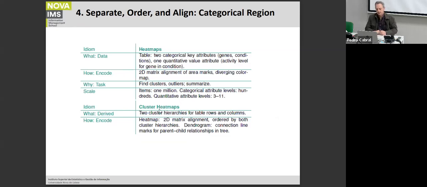A few more examples, and you can take a look at them. Heat maps. You probably have seen heat maps before. To work with heat maps, we need to have 2 qualitative attributes and 1 quantitative attribute. This is very important. When looking at your data set, please identify and describe whether attributes are quantitative or qualitative, because this will limit your possibilities on the type of charts you can use.